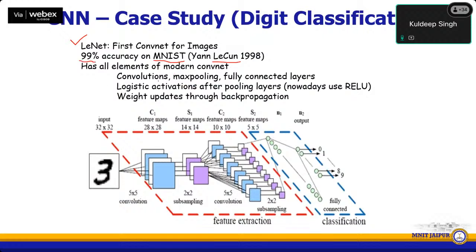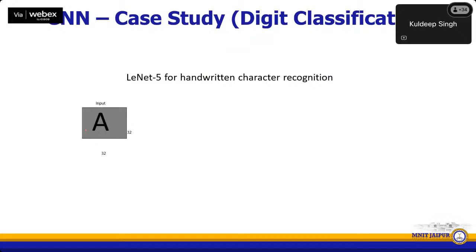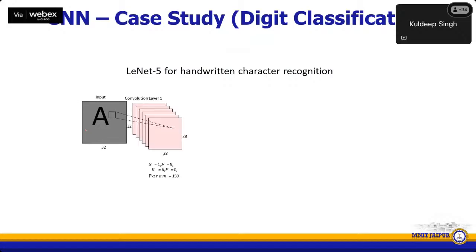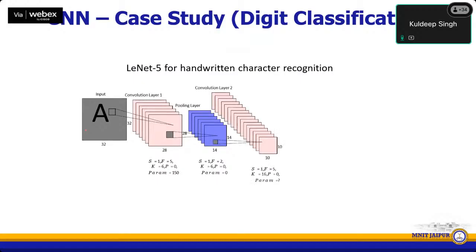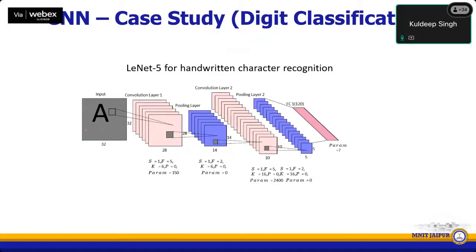It had convolution layers, max pooling layers, and fully connected layers, and it was trained through the backpropagation algorithm. So this is how it worked. We were just discussing the dimensions here and the number of parameters. The number of parameters is very small in comparison with the feed forward neural network.